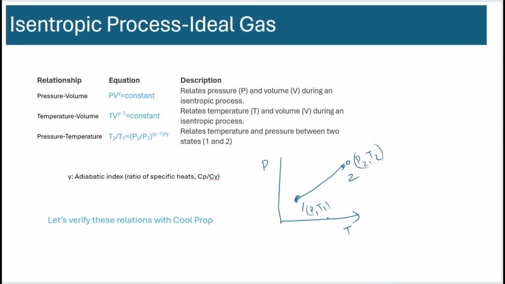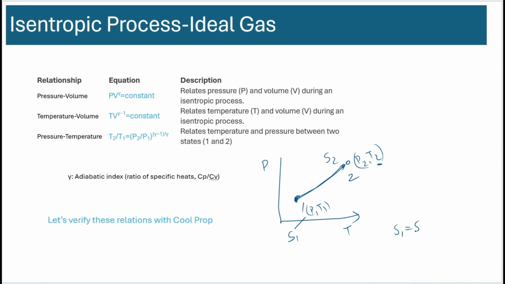If you know P1, T1, and P2, you can estimate T2 using this equation. You could also calculate T2 if you know that this is an isentropic process: if you have P1, T1, you calculate S1, the entropy here, and S1 is the same as S2.